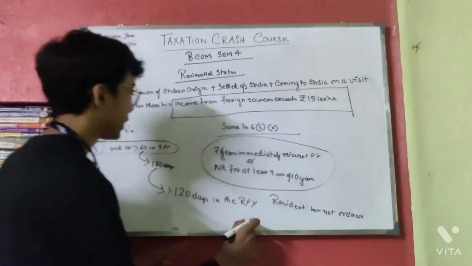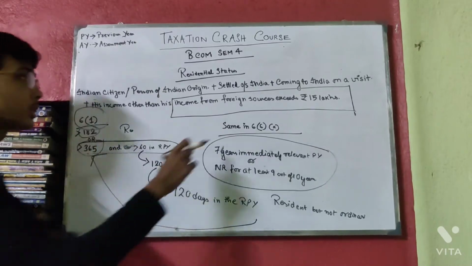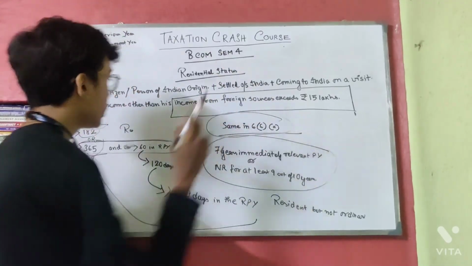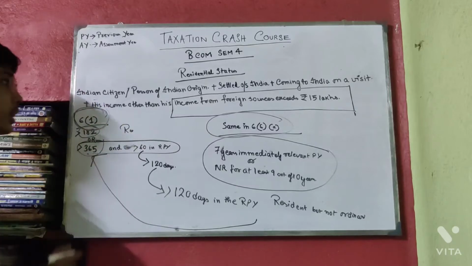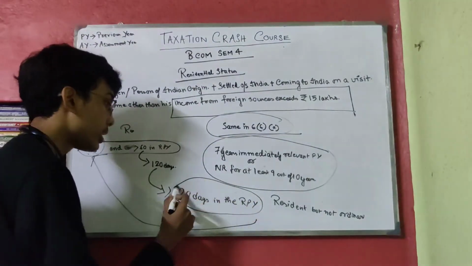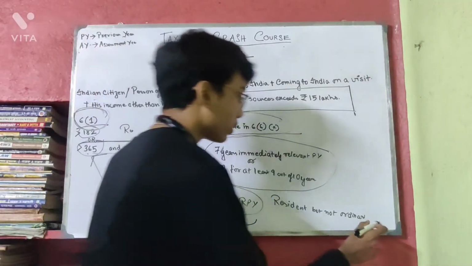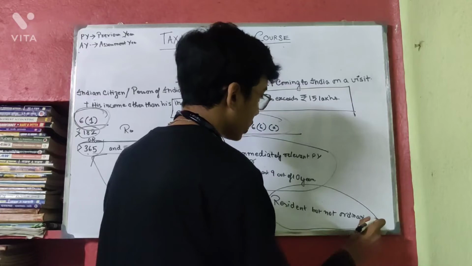After checking section 6(1), we check section 6(6)(a). If we find that he has satisfied the condition of 120 days or more in the relevant previous year, he must be directly qualified as a resident but not ordinary resident.